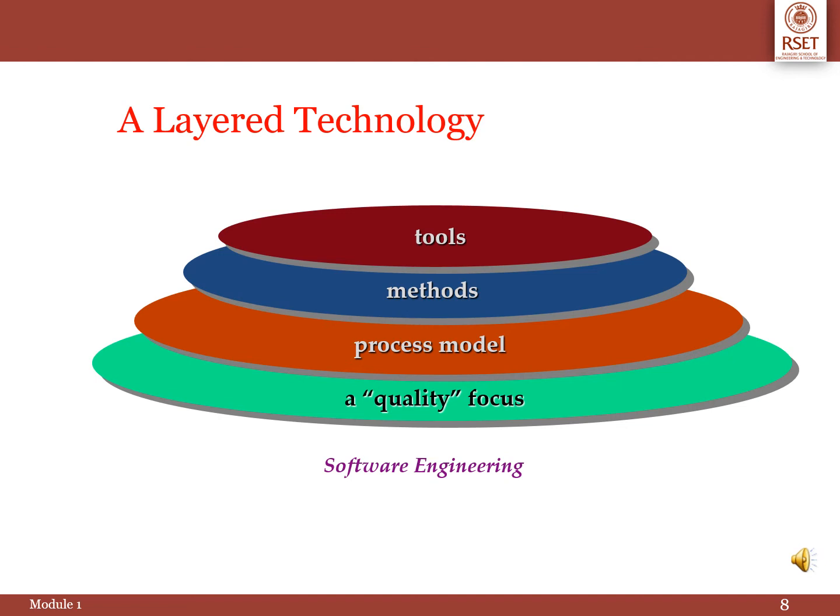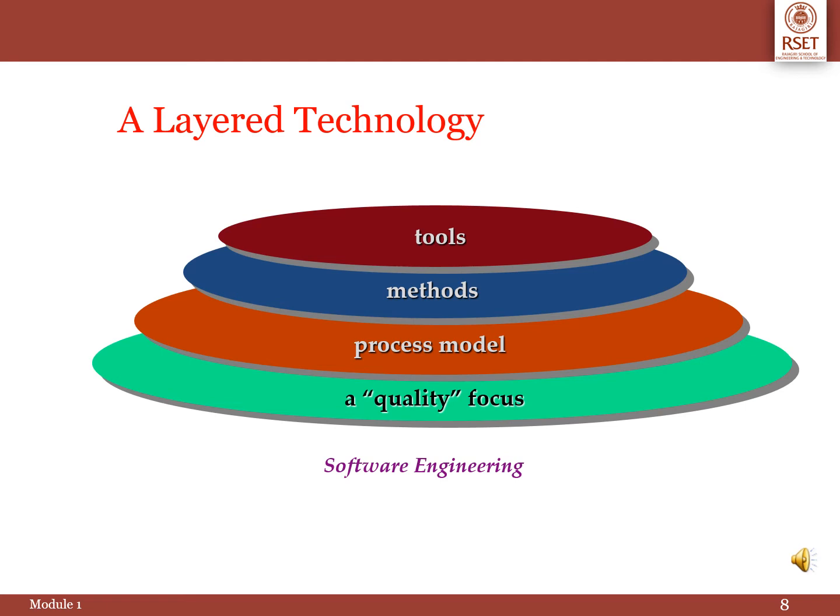The bedrock that supports the software engineering is a quality focus, which is the base layer. Next layer is the process model or the process layer. It defines a framework that must be established for effective delivery of the software engineering technology. The third layer is the methods layer. Software engineering methods provide the technical how-tos for building software.